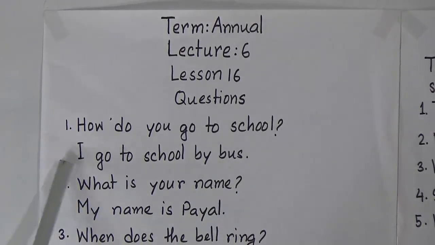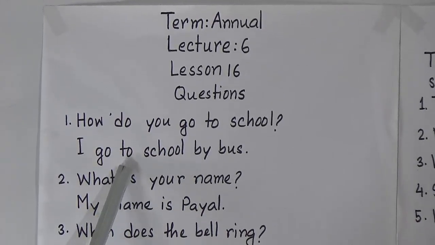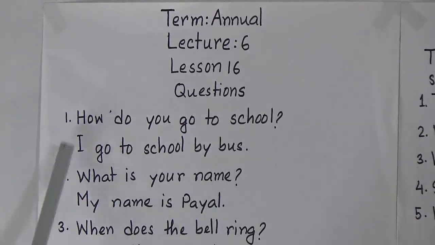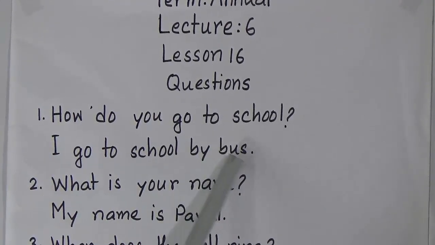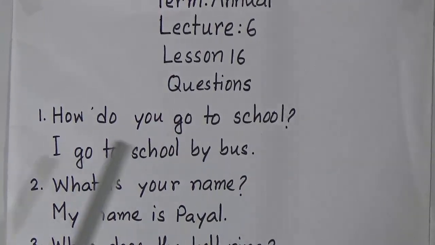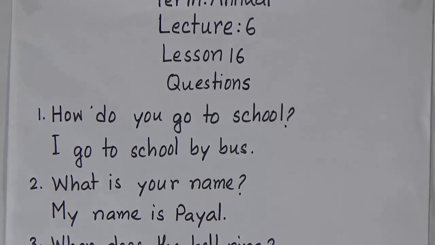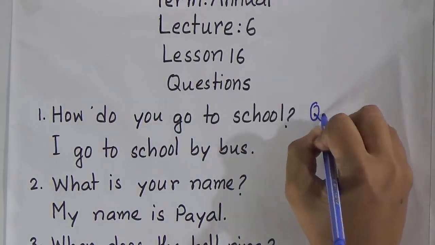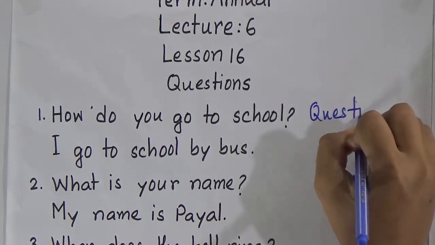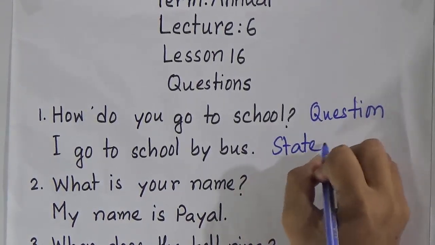So this is the information. It tells us how I go to school. Now look, the sentence begins with a capital letter and ends with a full stop. So this is a statement and this is a question. Listen. So the first one is question and the second one is statement.